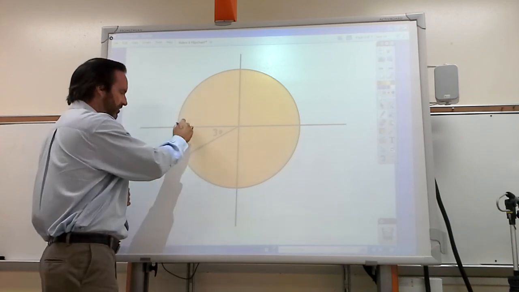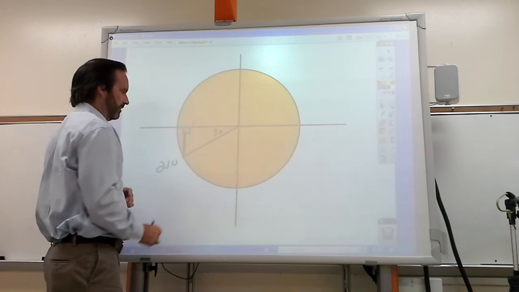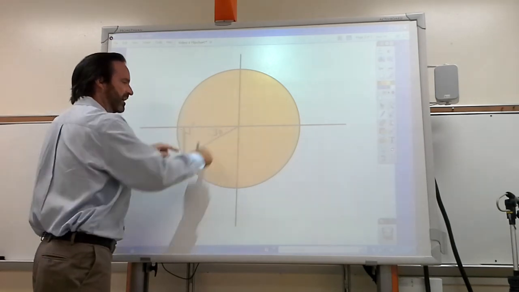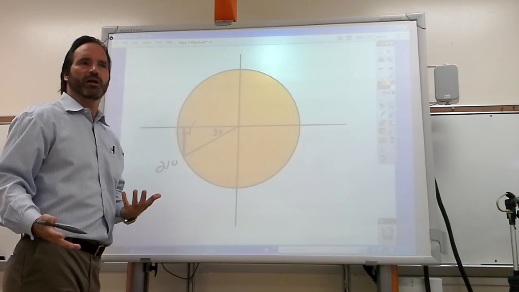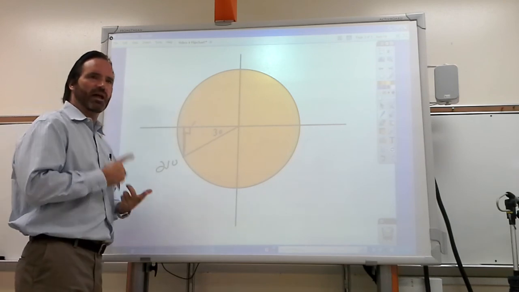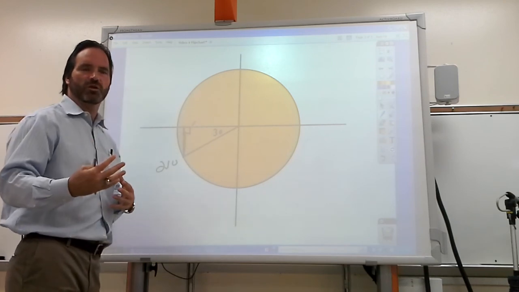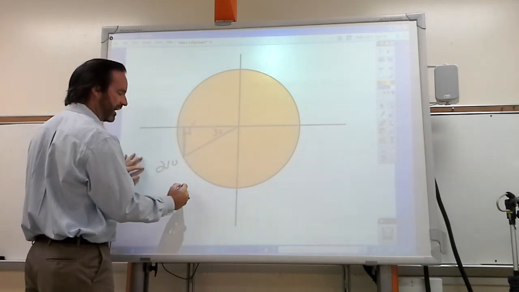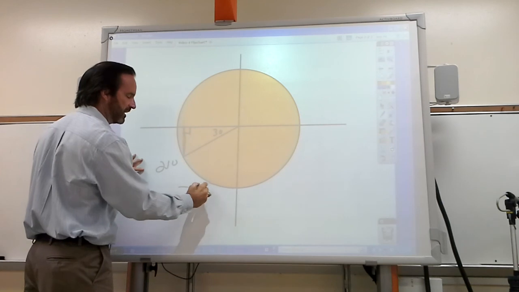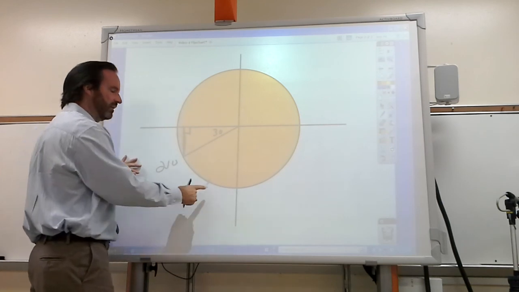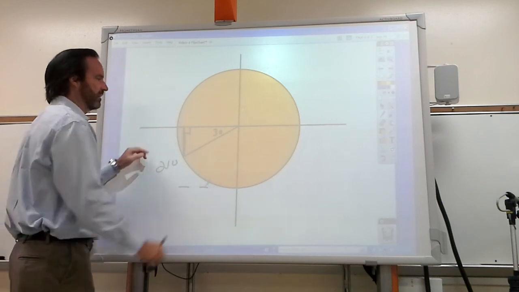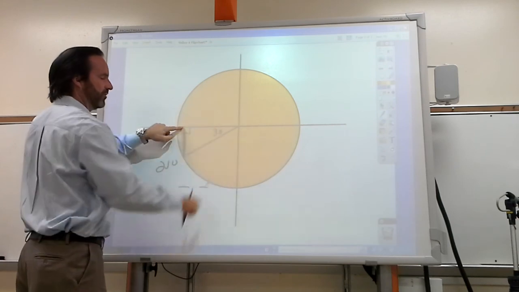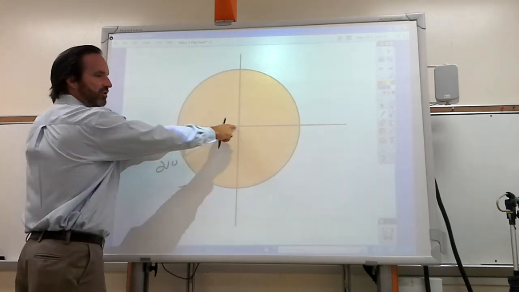Okay? And what type of triangle can we make here? Here's my y, here's my x, and we know what these are, right? Remember, in the unit circle, x is going to be the same as your cosine. Okay, so this is what territory quadrant-wise? This is where x is negative and y is negative. So cosine is going to be negative, sine is going to be negative. Okay? Long leg on the 30-60-90, root 3 over 2.